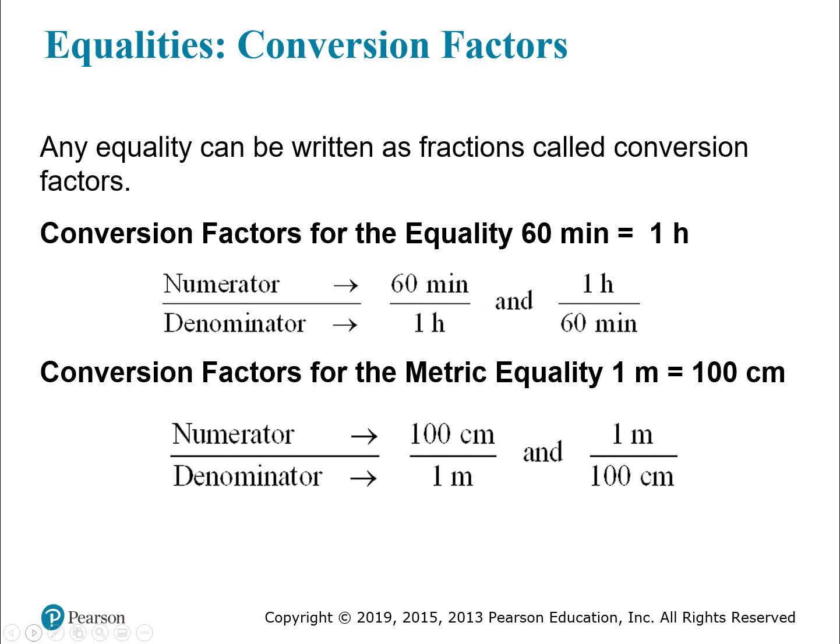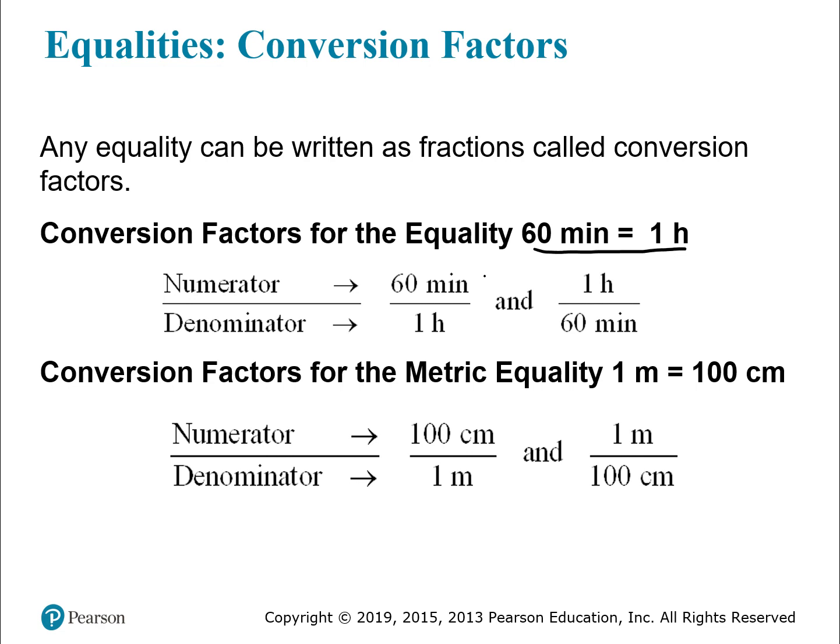We can take those equalities, which have an equal sign, and write fractions that are called conversion factors. And those conversion factors allow us to do some math, which we'll get to in the next video. So let's say you have the equality 60 minutes is equal to 1 hour. We know that, right? So you can write two fractions from this equality.